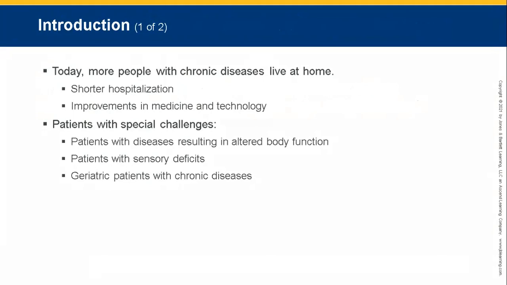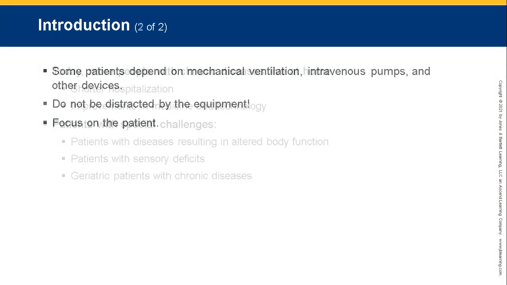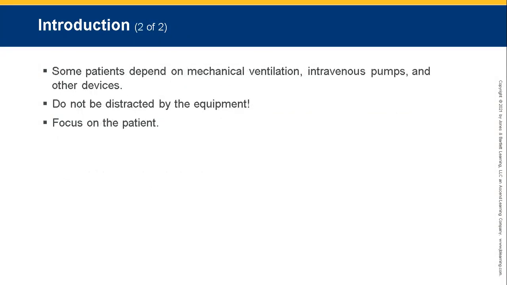These are patients with diseases resulting in altered body function, patients with sensory deficits, geriatric patients with chronic diseases. Some patients depend on mechanical ventilation devices, intravenous pumps, and other devices. Do not be distracted by the equipment. Always focus on your patient.